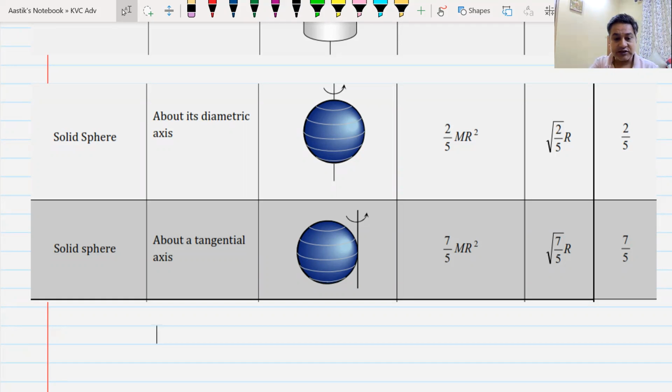Then we have spherical shell. When I say spherical shell, it is a hollow sphere. So once you note down the solid sphere, because solid sphere I have not given you the formula, you can note down the spherical shell as well. You noted solid sphere?